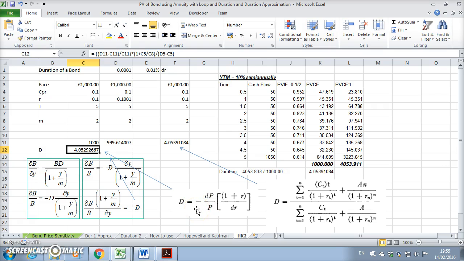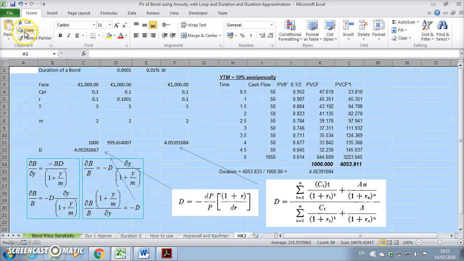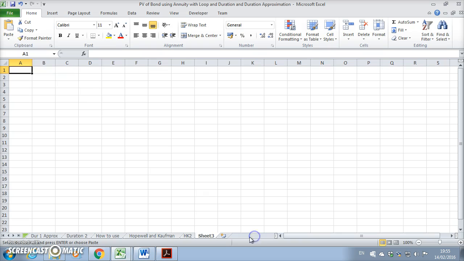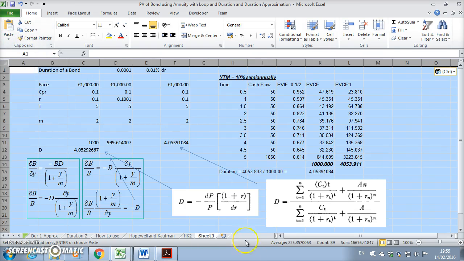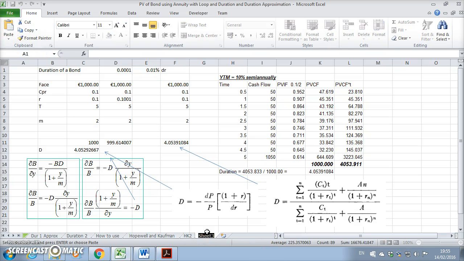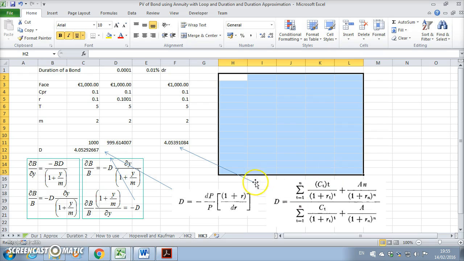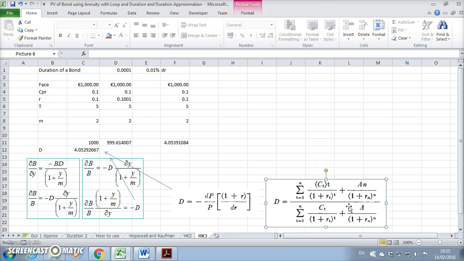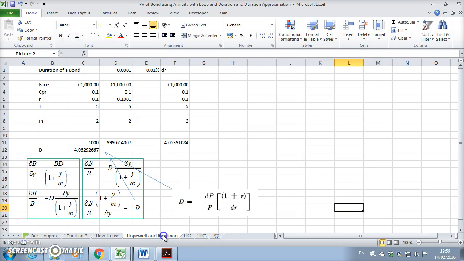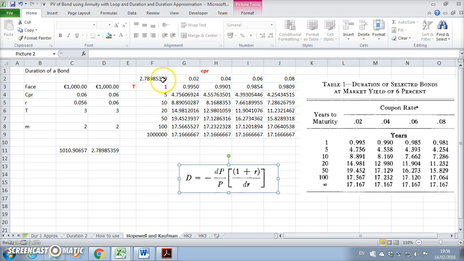Okay, so let's see if we can replicate table 1. So I'm going to copy this table again, Kaufman and Hopewell and Kaufman 3, HK3. I'm going to remove what we have here, so just delete out, and I'll take away this formula, and then I'll copy.